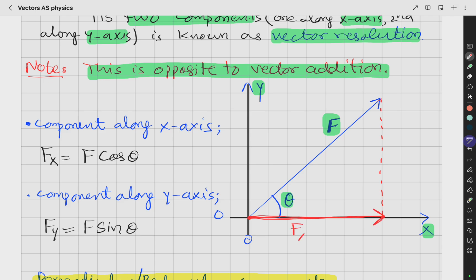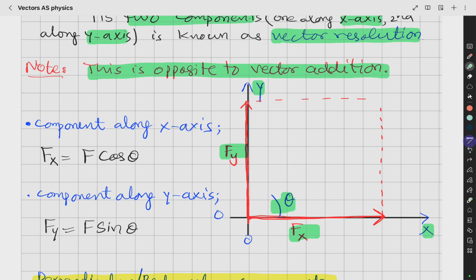So this will be fx, and the second part of this will be acting along y-axis, and this is called fy. So these fx and fy are called the components of this vector. And when you divide this vector into two components, actually this vector is gone then, because you have split it into two vectors.